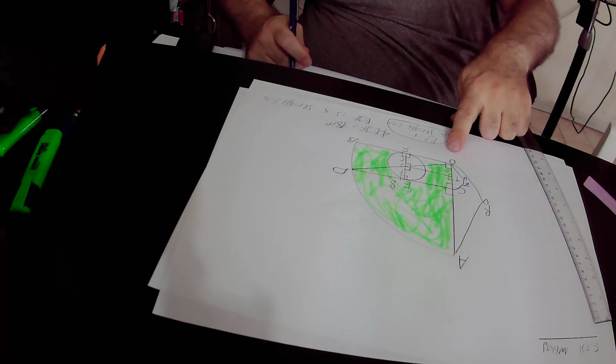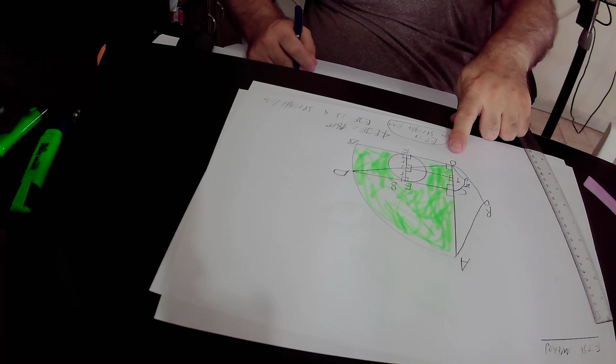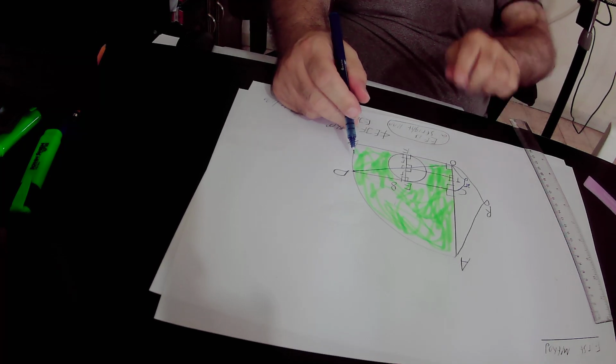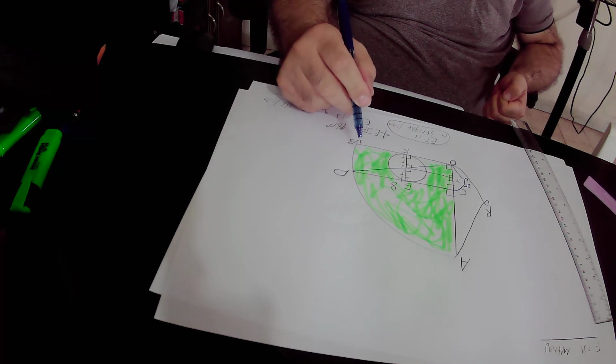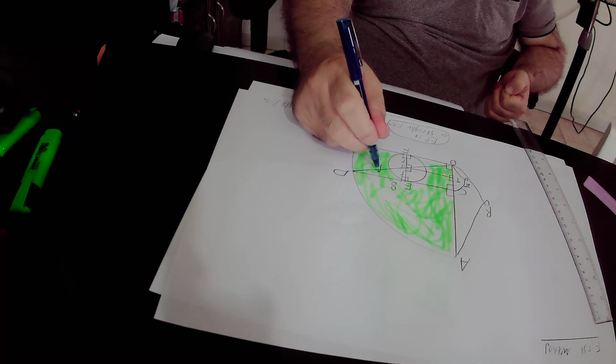Point O is the center of the quarter circle, as I already explained. Point D is a point on the quarter circle itself, therefore OD is the radius of the quarter circle, that is equal to R according to our definition.